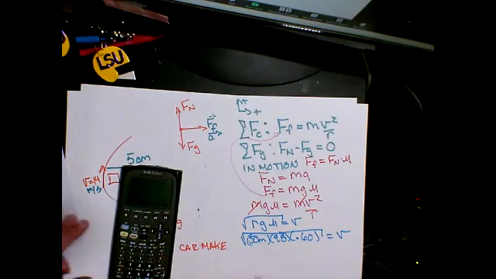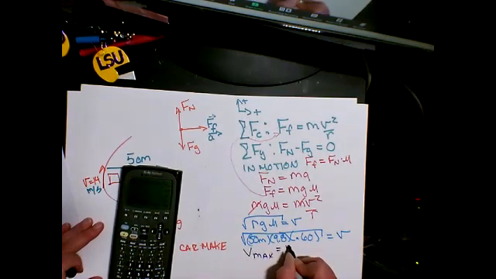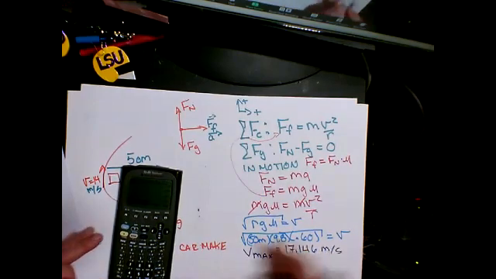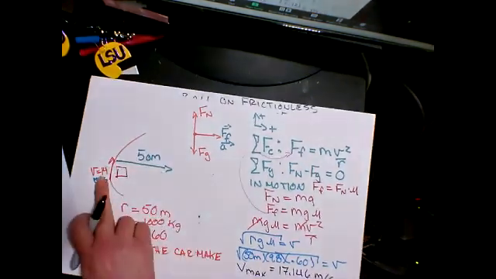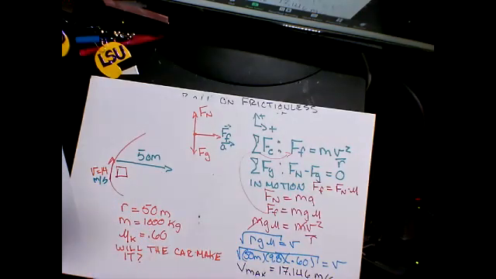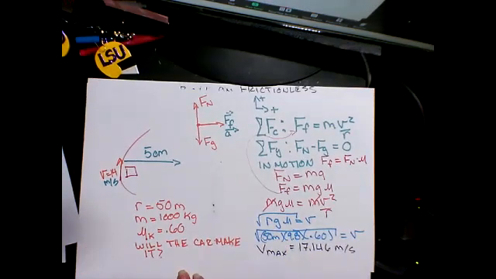That says the v max is 17.146 meters per second, which means that I will stay on the road at that 14 meters per second, and all is good.